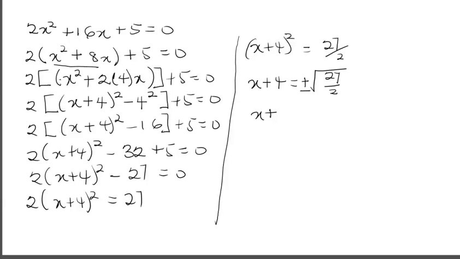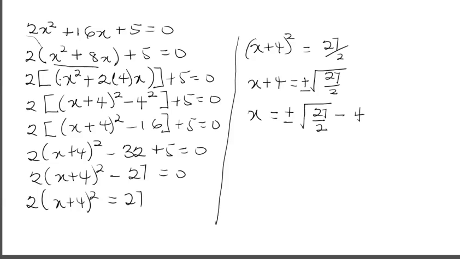So moving forward, we'll now have x is equal to positive or negative square root of 27 over 2, minus 4.